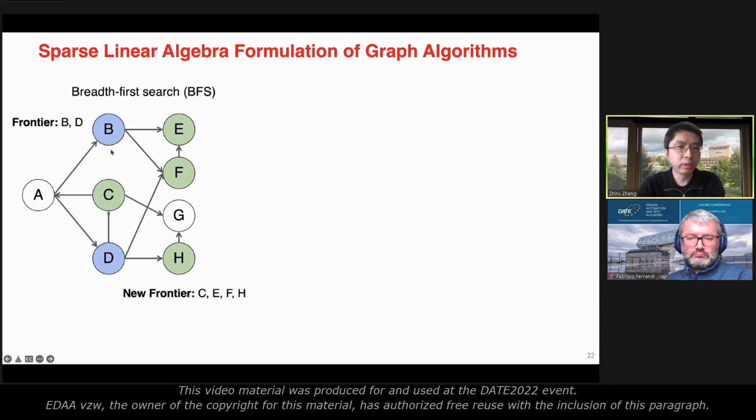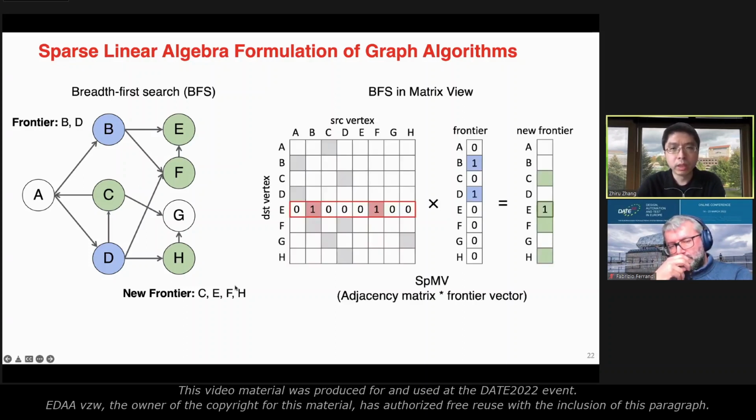I'm pretty sure most of you are familiar with BFS, right? This is a graph level view. We start with a certain frontier. In this case, frontiers B and D, and then the next frontier with BFS can be the green nodes, C, E, F, H. So this is the graph level view, and it turns out that we can also express it using the language of linear algebra.